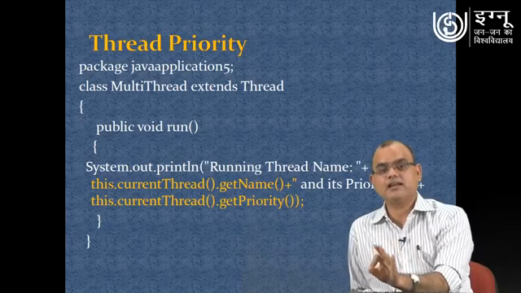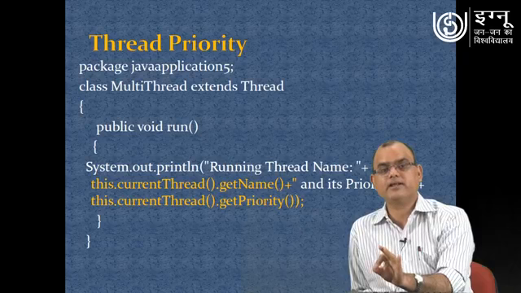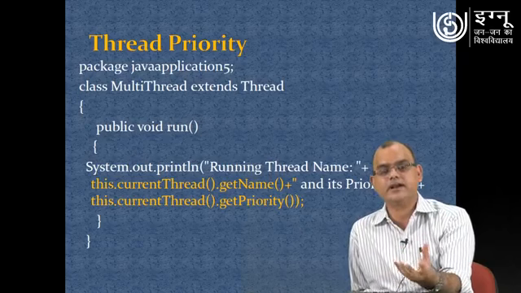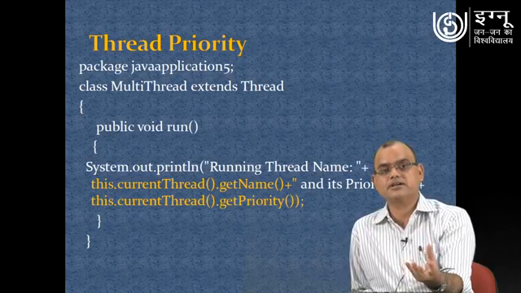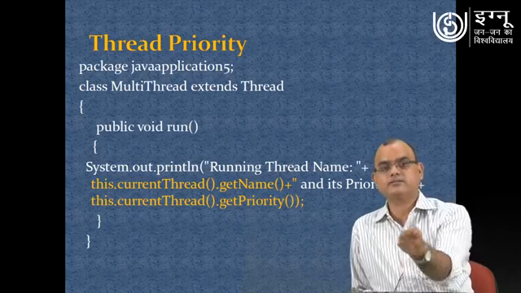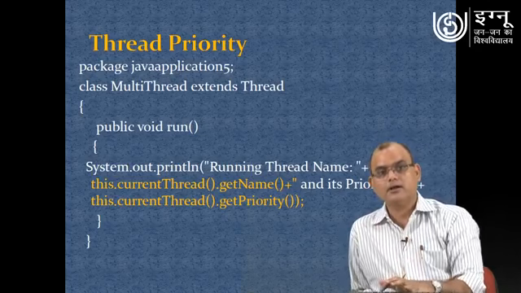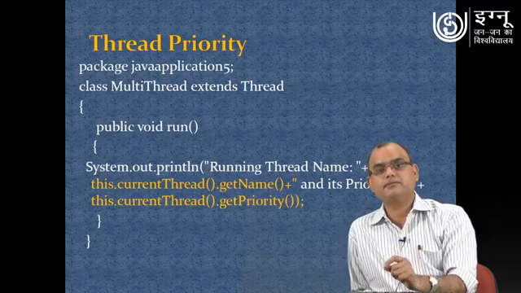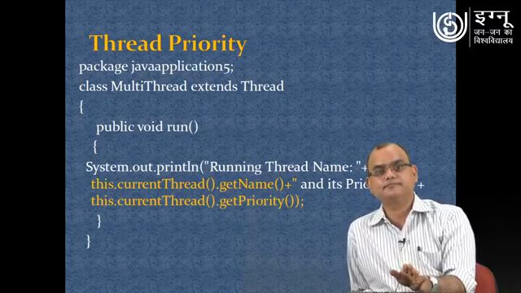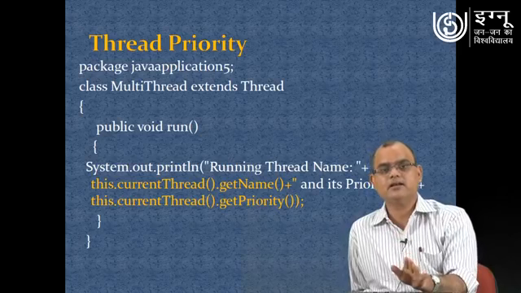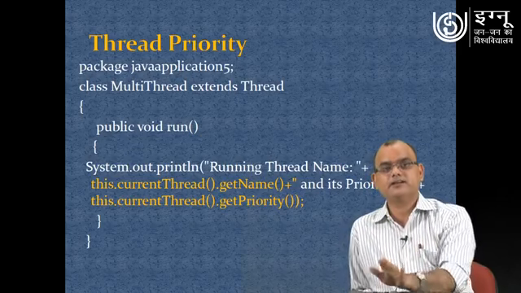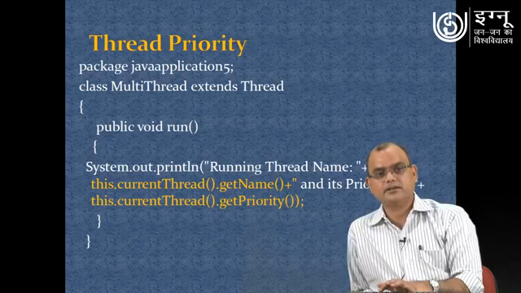So this single line is going to display the name and priority of the thread object, because we are using this. As you know, this represents the current object. So whatever object is currently under execution, for that object this method will be displaying the content given inside, which is the name and the priority of that particular thread.